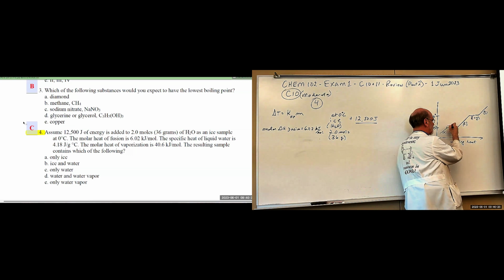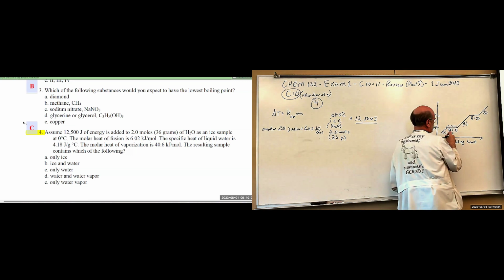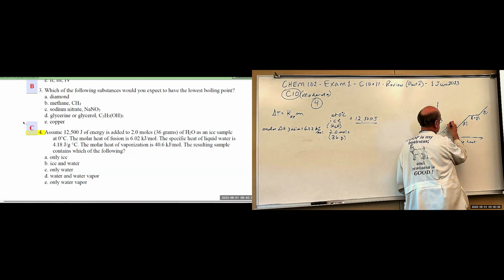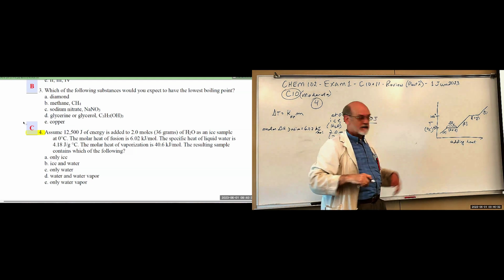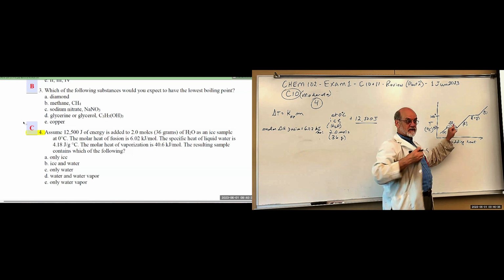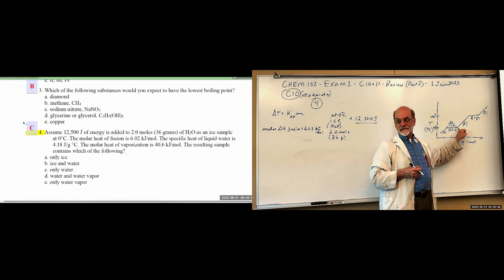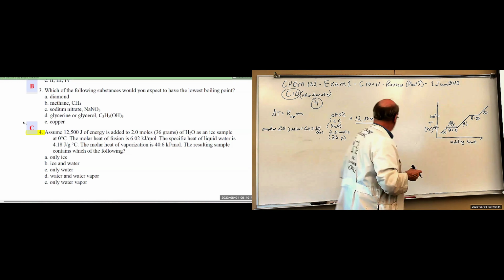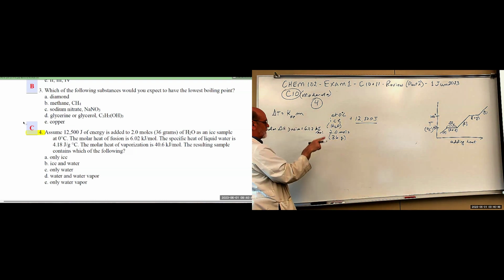This would be delta H, actually, yeah, molar heat of fusion is that distance, to go from the solid to the liquid. And so all the energy that's going into this solid is converting it to liquid until we get to this point. Now all of it's liquid.